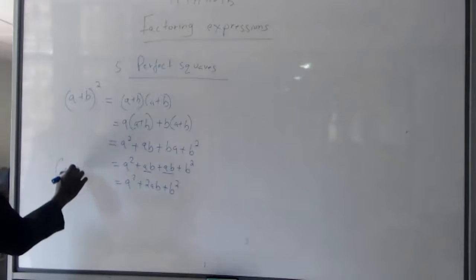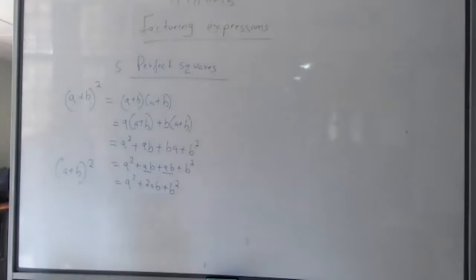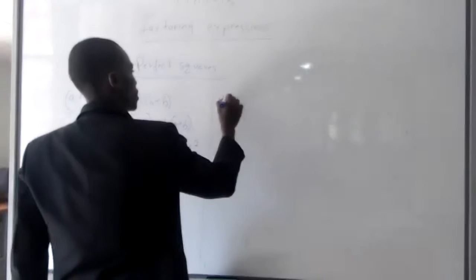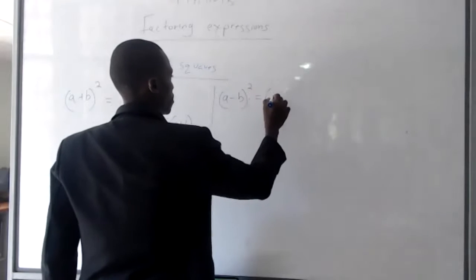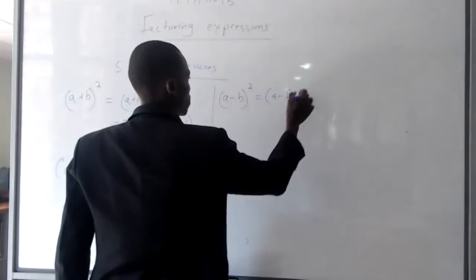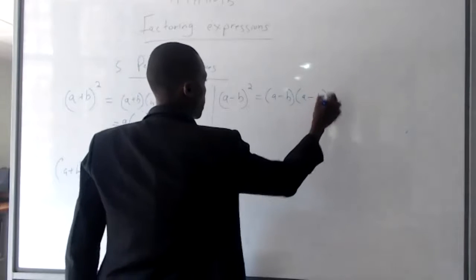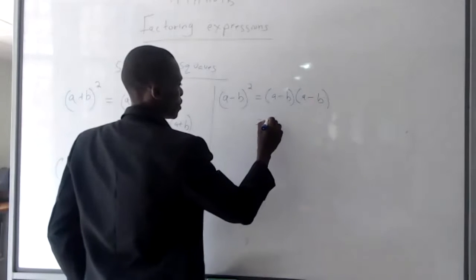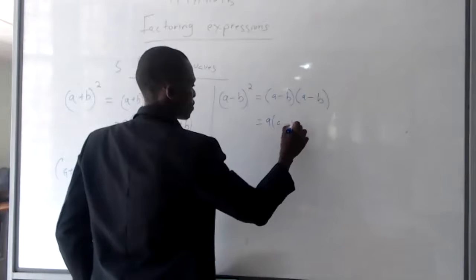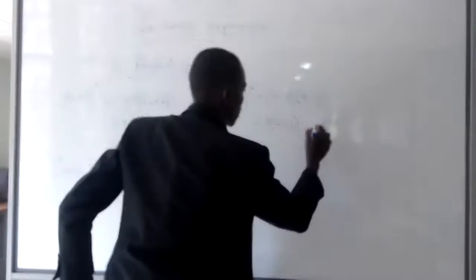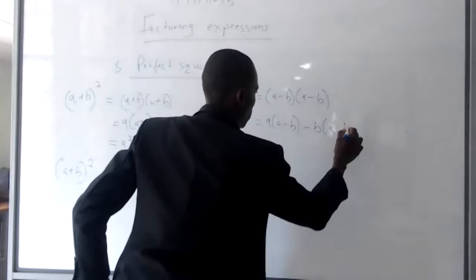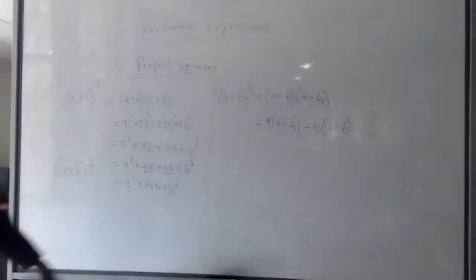Then the other one that we need is a minus b, all squared. So this is a minus b times a minus b. Then we just expand.